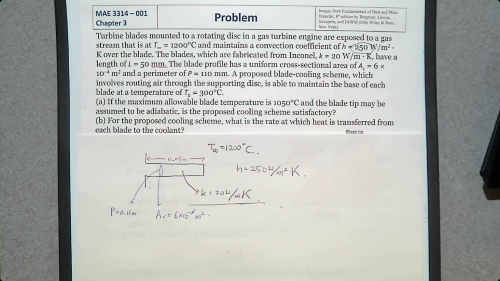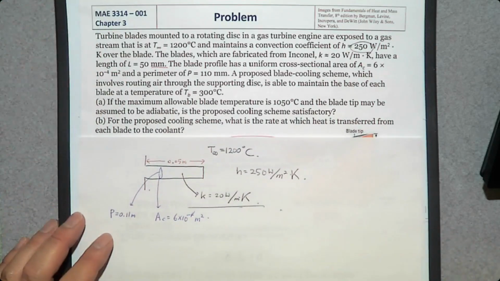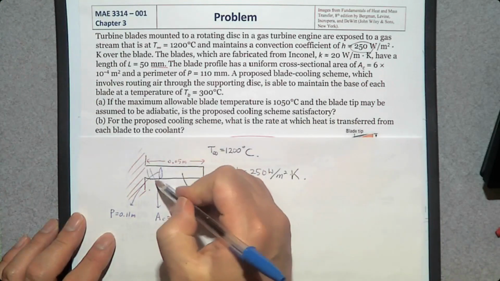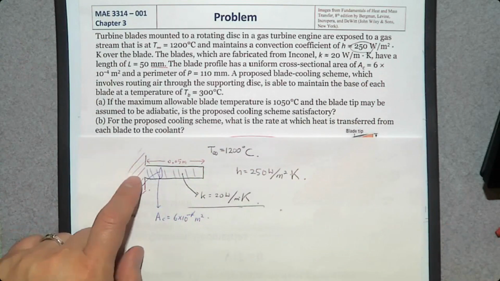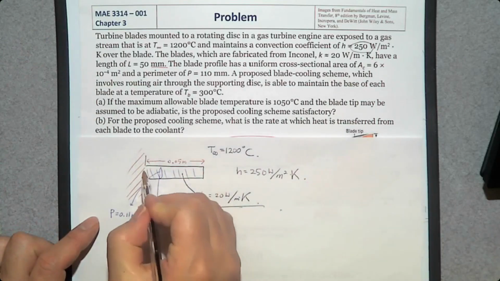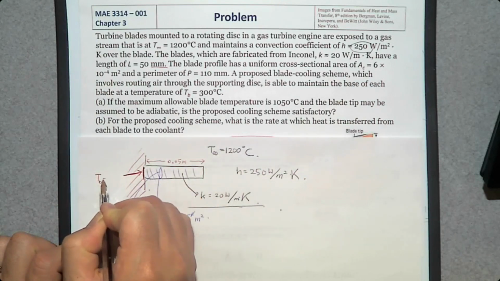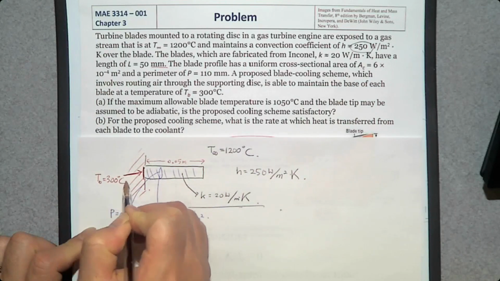And the temperature of the shaft. So this is going to be the shaft. This is going to be the turbine blade. The shaft temperature, which is the temperature at the base, so the base temperature T_b, is 300 degrees Celsius.